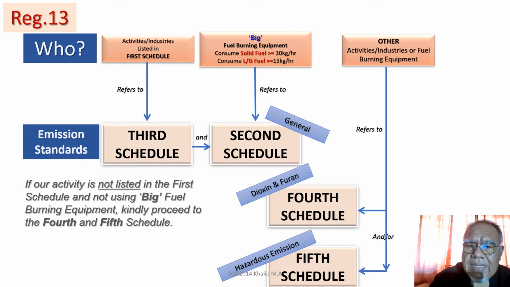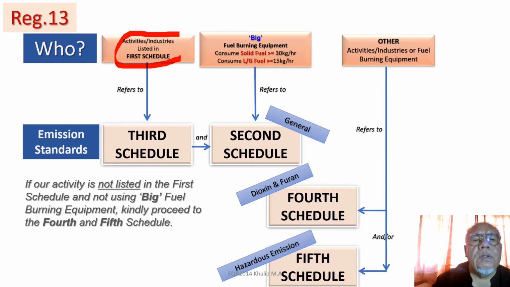And this is the master key of how one can use and apply the Clean Air Regulations to all kinds of industry. Remember, the first question that we have to ask ourselves is whether or not our activity, our factory processes or our premise is subscribing to the first schedule. Ask this question first. Remember that, especially auditors.